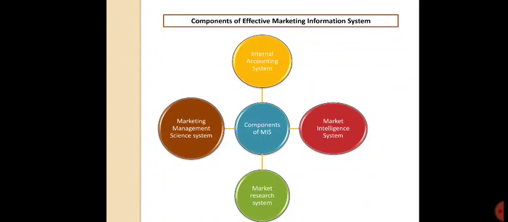And as we have already discussed, the research process involves defining the problem, developing the research plan, collecting the data, analysis of information, and finally preparation of the report. And the fourth component is marketing management science system.